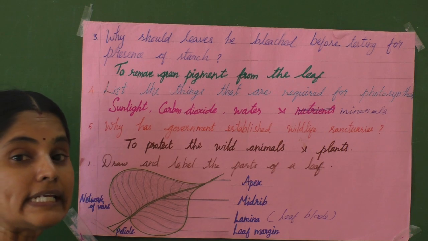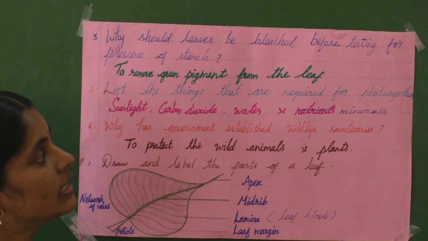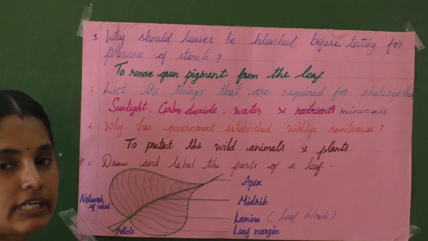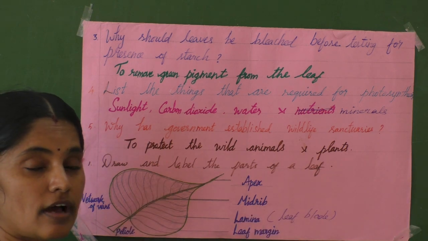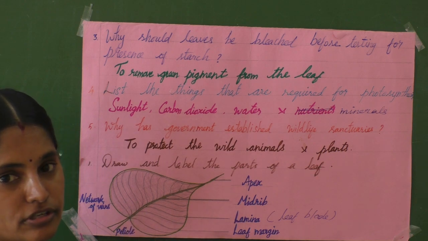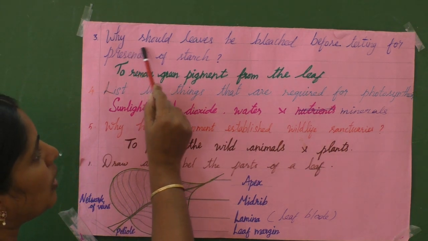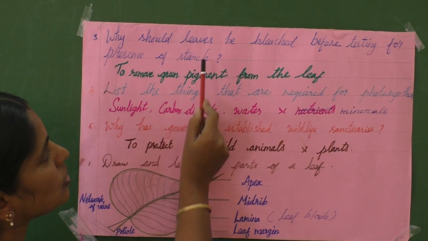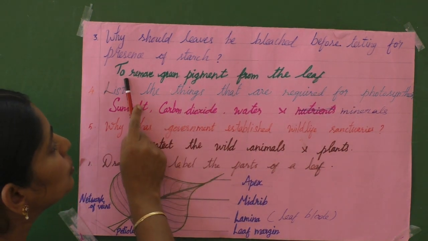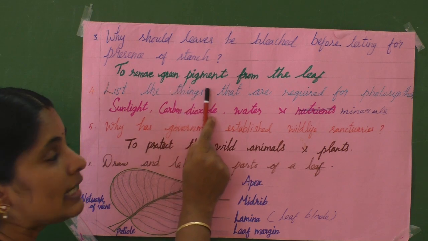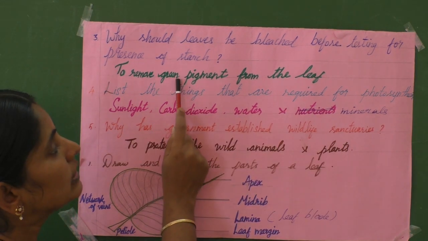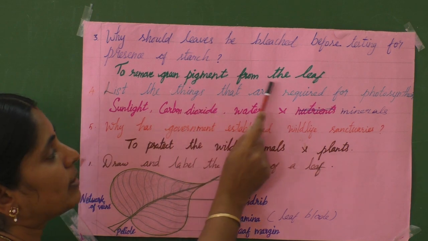So to make it clear, we are removing the green pigment from the leaf, and only then do we get confirmation of whether starch is present. Why should leaves be bleached before testing for presence of starch? To remove green pigment from the leaf.